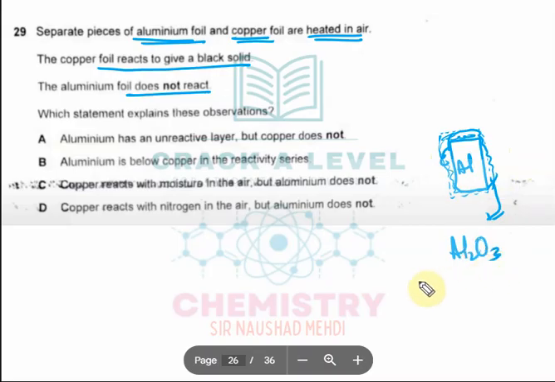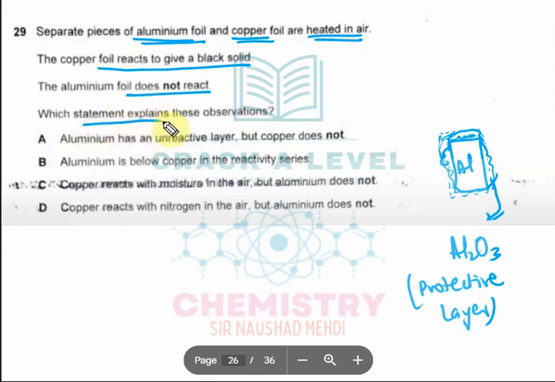This layer does not allow the aluminium to react further, which makes it appear unreactive. Although aluminium has a greater reactivity than copper in the reactivity series, it is still unreactive because of this protective layer.